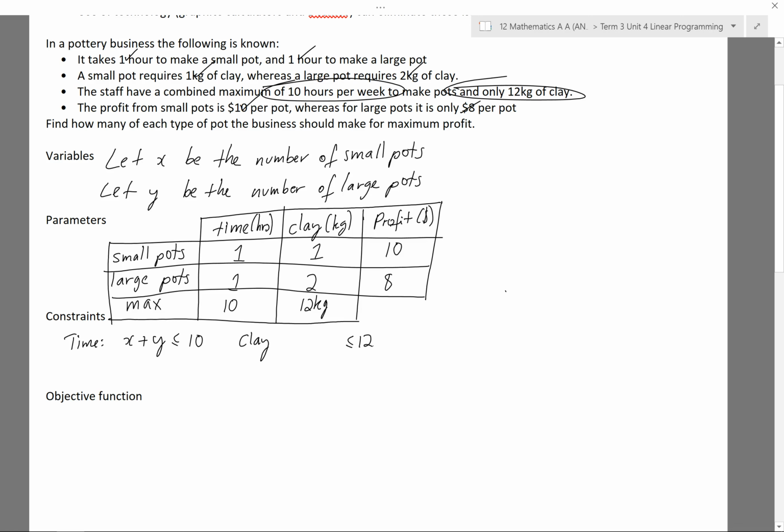Making X small pots will require X kilograms of clay, and making Y large pots will require 2Y kilograms of clay. Those are my 2 constraints. I also have the constraint that X needs to be at least 0 and Y needs to be at least 0 to ensure that there's no negative numbers of pots.